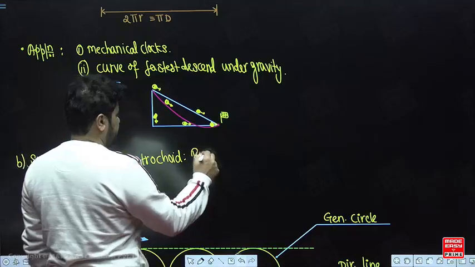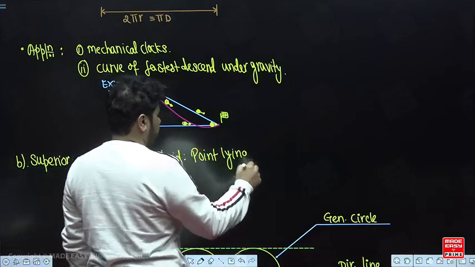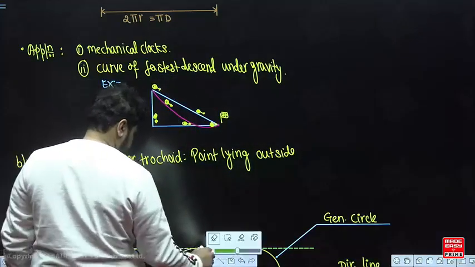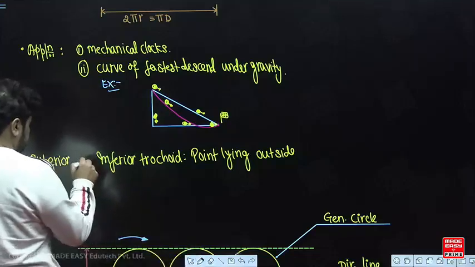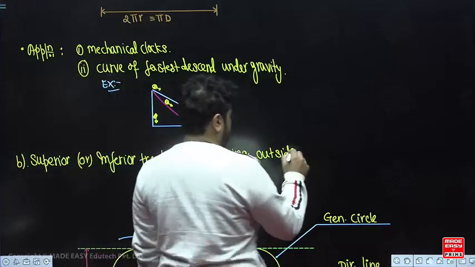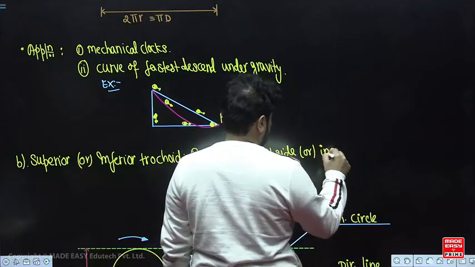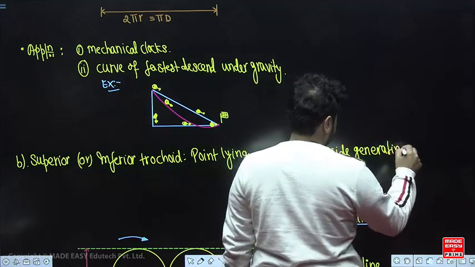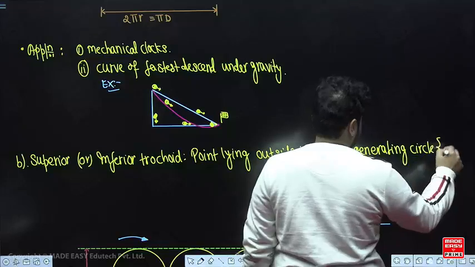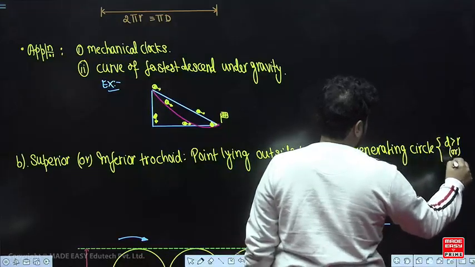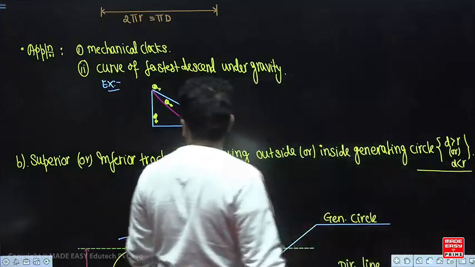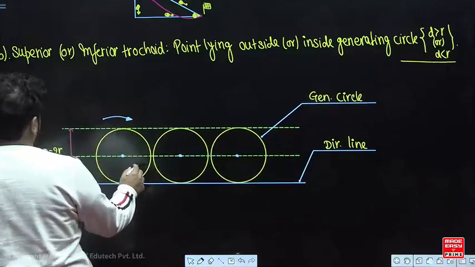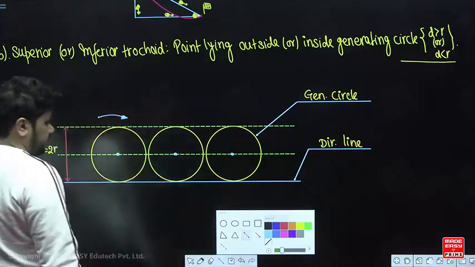In this, the point lies outside or inside the generating circle. That is, D greater than R or D less than R. Fine.